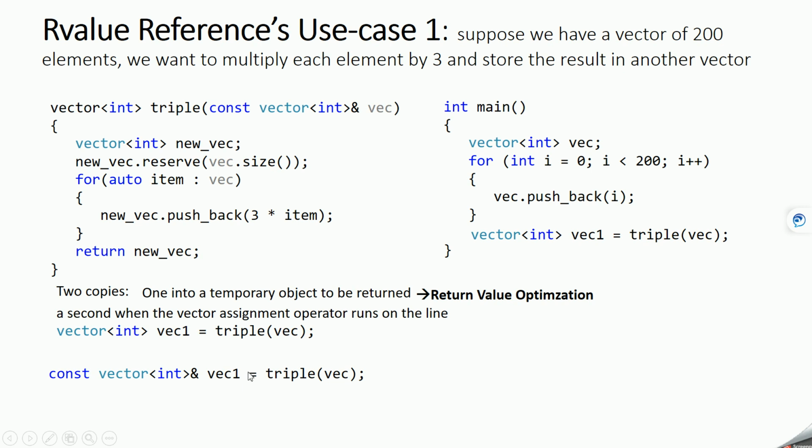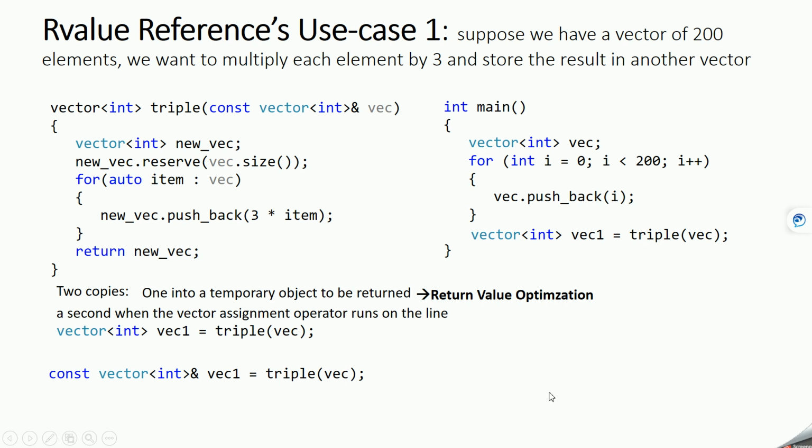But what if you want to use this returned vector and modify it in a later part of the program? In this case you cannot modify it, because you are storing it in a constant reference. But we want to modify this vector later and also avoid the copying and allocation of extra memory.